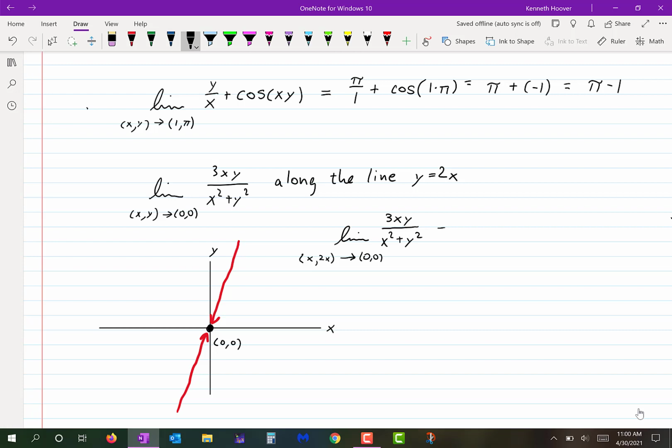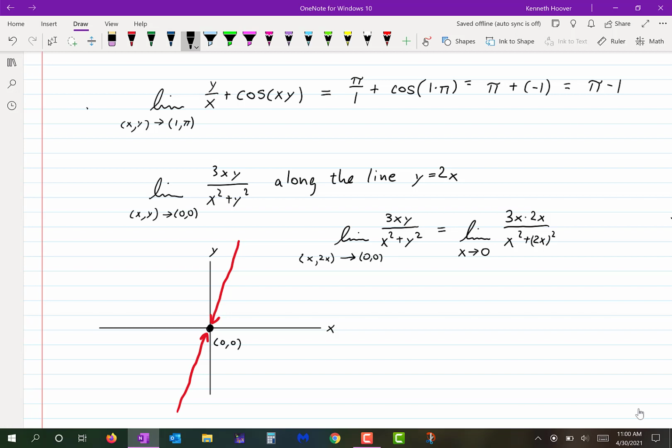Okay, so what that means is every y is replaced with a 2x. So we get the limit of 3x times 2x over x squared plus 2x squared. So you see there's only one variable, x. So now we just write as x approaches 0.